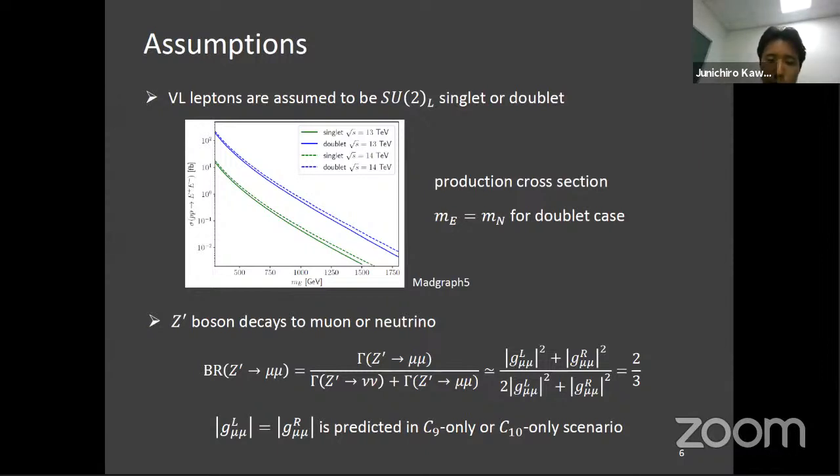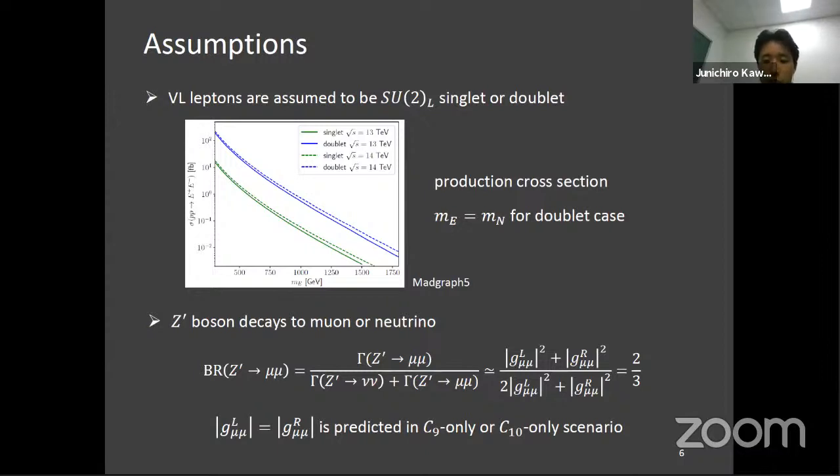Another more important assumption is that Z prime only decays to muons or neutrinos. So we neglect the Z prime decays to quarks or other particles because, as I explained, the Z prime couplings to quarks should be small to evade the LHC bounds, while also explaining the anomalies. So we assume that the Z prime dominantly decays to muons or neutrinos.